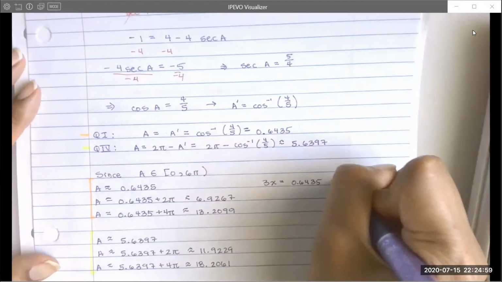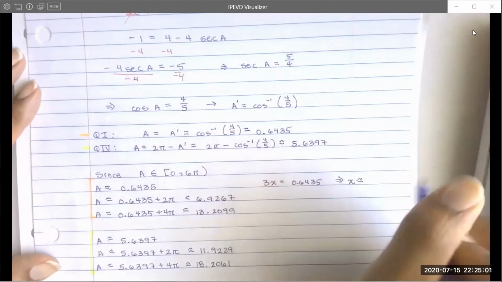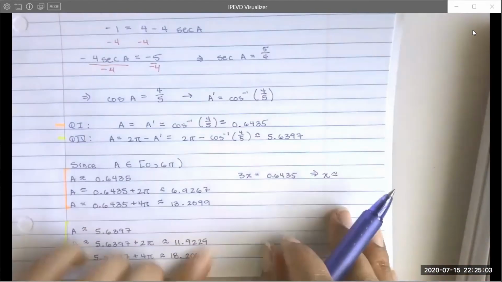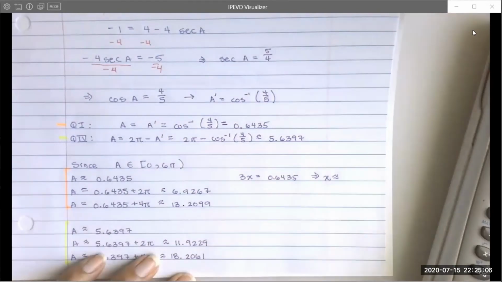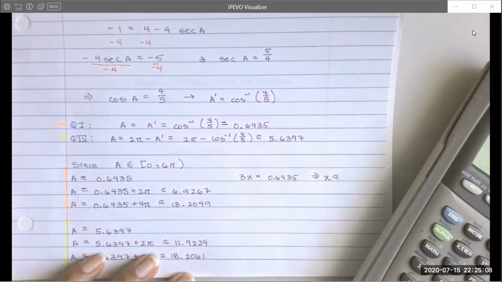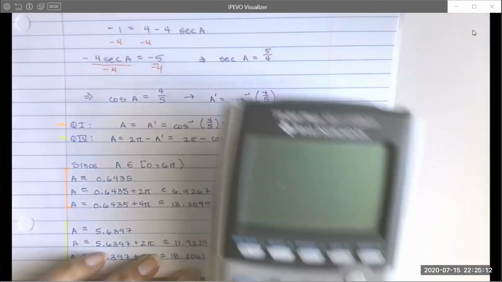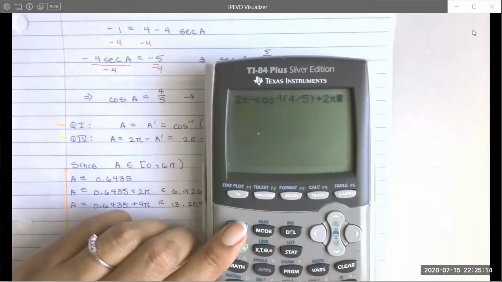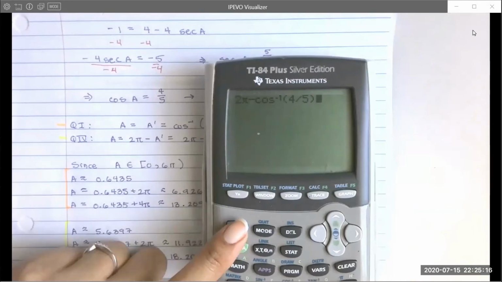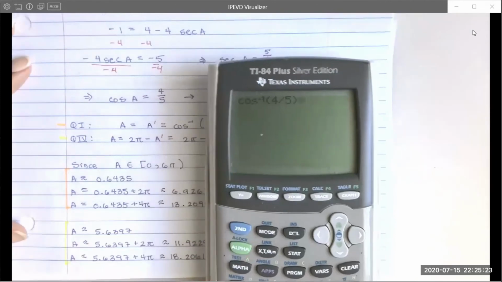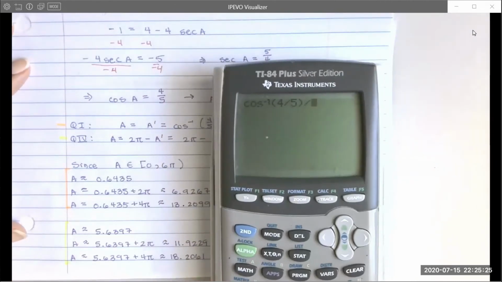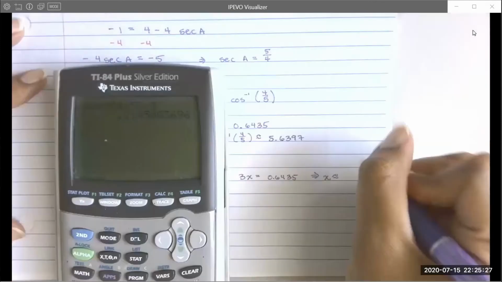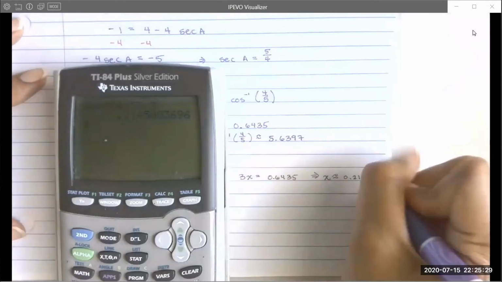That means x is approximately, dividing both sides by 3, and let me bring back the original expression so that we get the most precise answer. It would be cosine inverse of 4 over 5 divided by 3, and we get 0.2145.